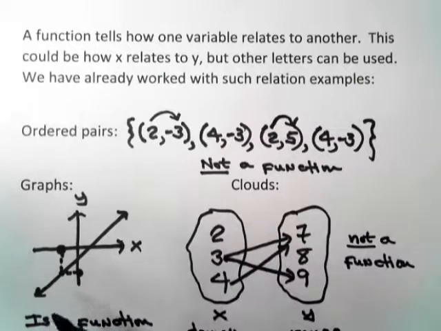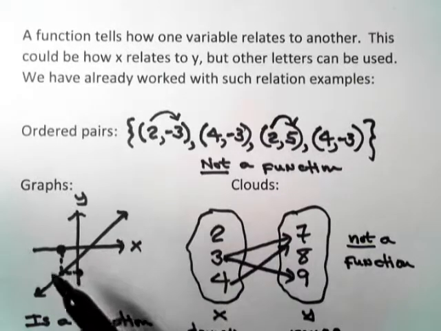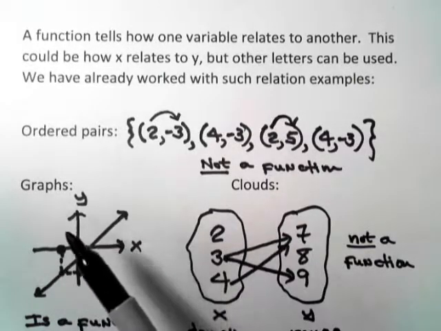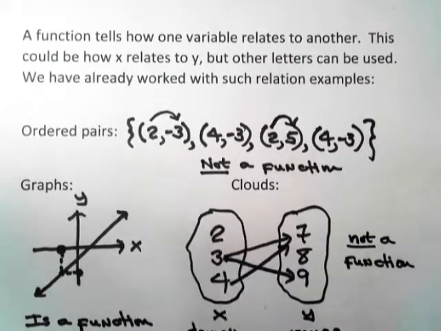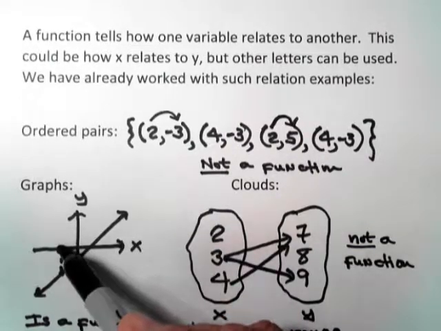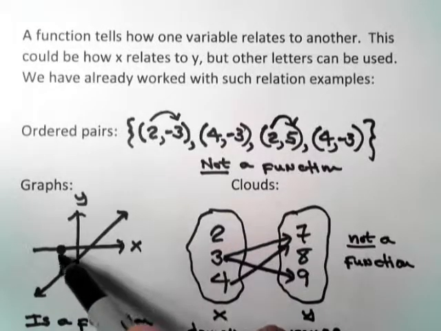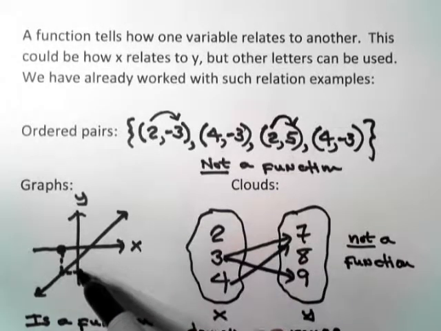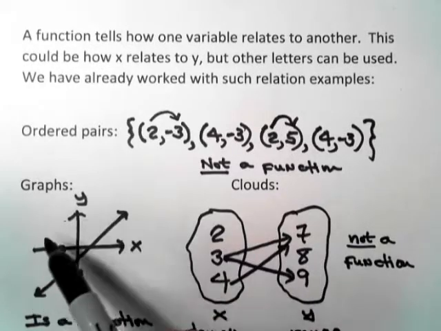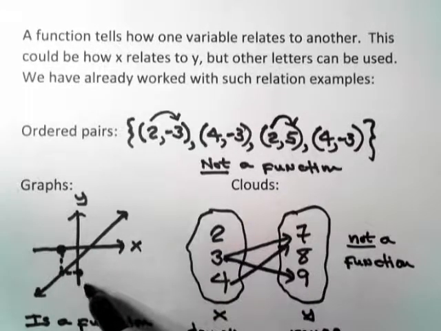We can also have ordered pairs indicated by making a graph here. So for a given x value, if we come down and hit the graph line and come across and hit y, this x then relates to this y, and different graph lines will give different relations.